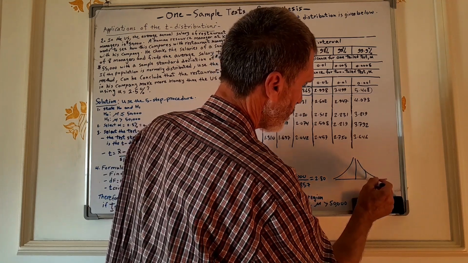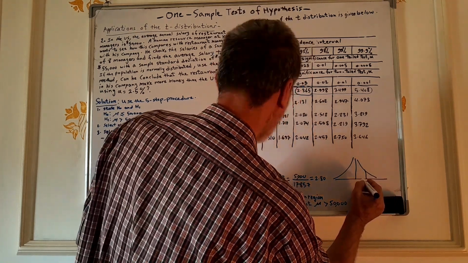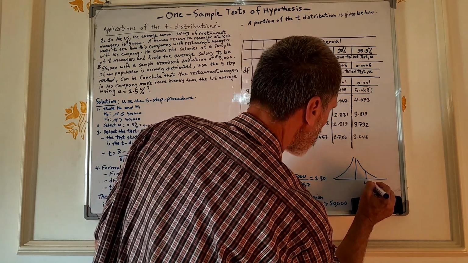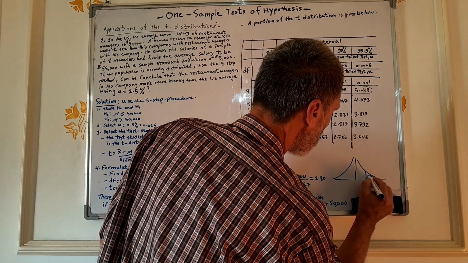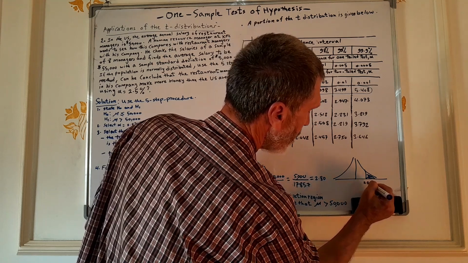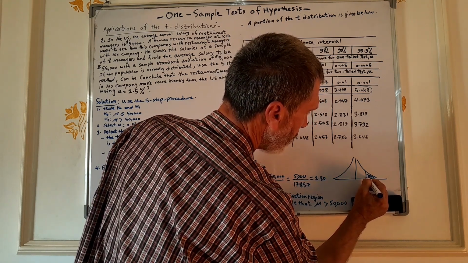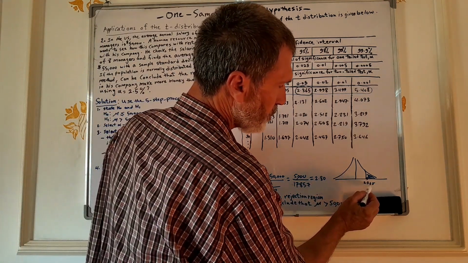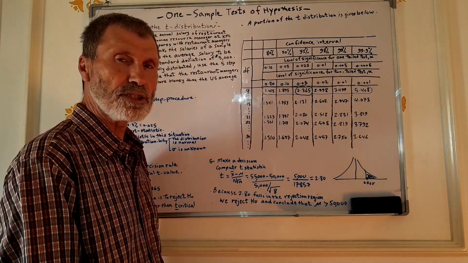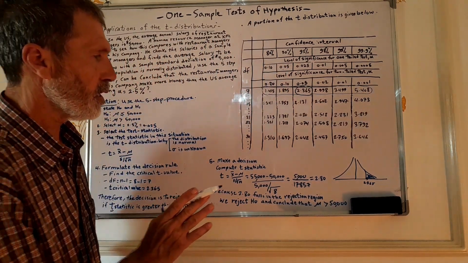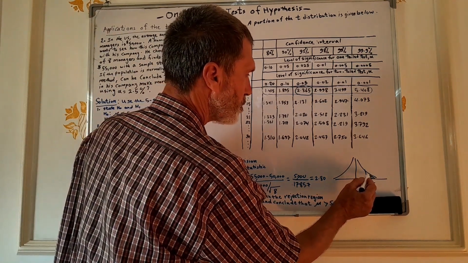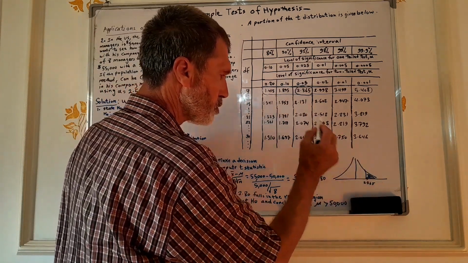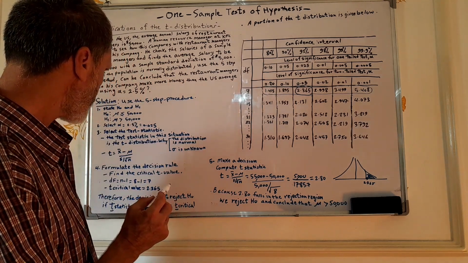So this is the T critical value, 2.365, and any value that is greater than 2.365 is in the rejection region. So we know it is in the upper tail, or the right tail, of the t-distribution.